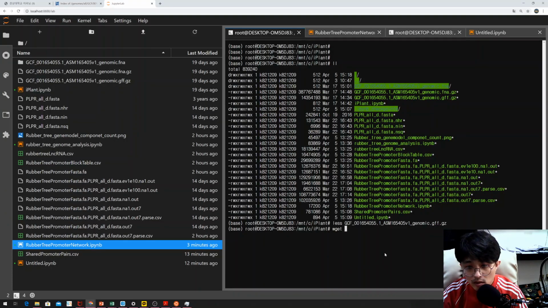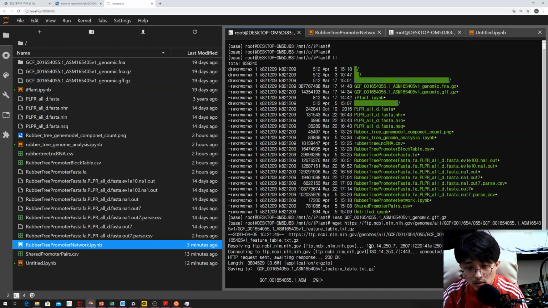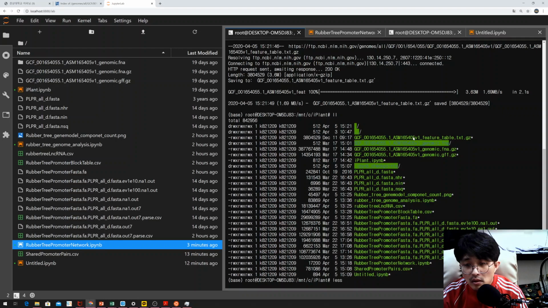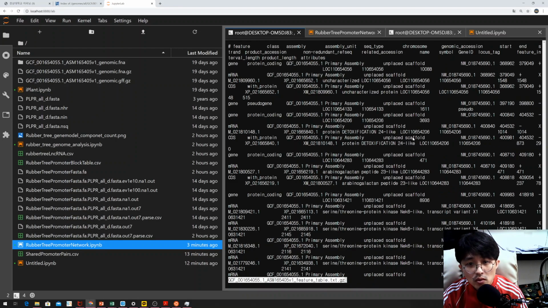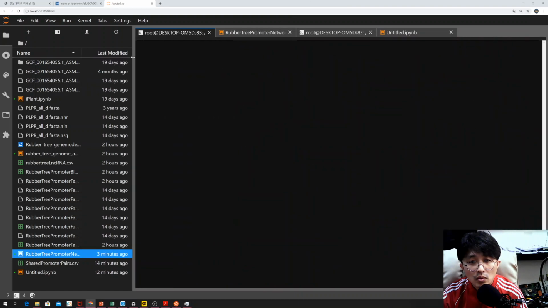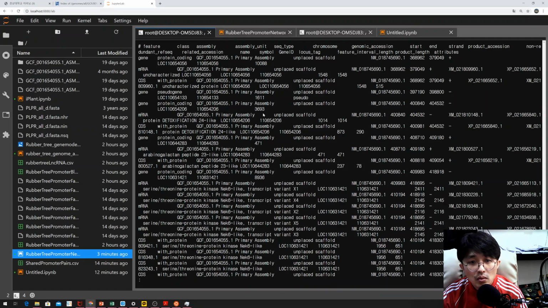Okay. Get feature table. No. Oh, it looks like annotation, right?